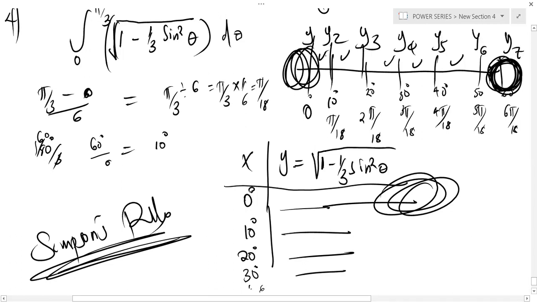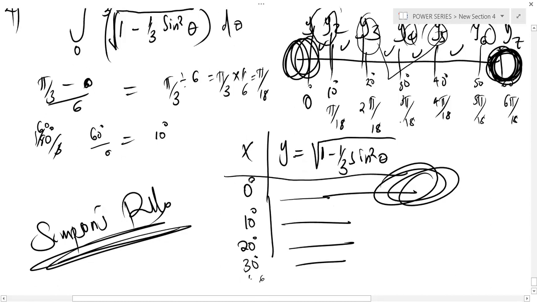Identify them like this, so that when you come to choosing the even and odd, you know very well: even are y2 and y4, and odd are y3 and y5. There are people who are missing out on even and odd when it came to choosing, because you are not identifying them from the beginning. Let me know if you guys have a question up until that point.